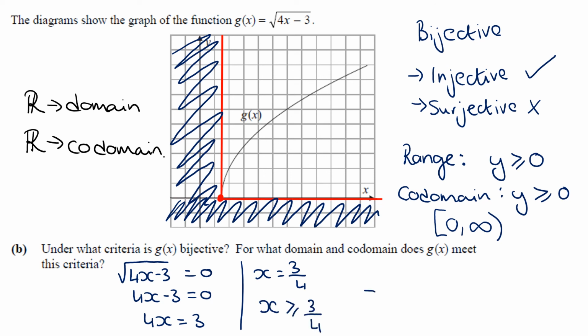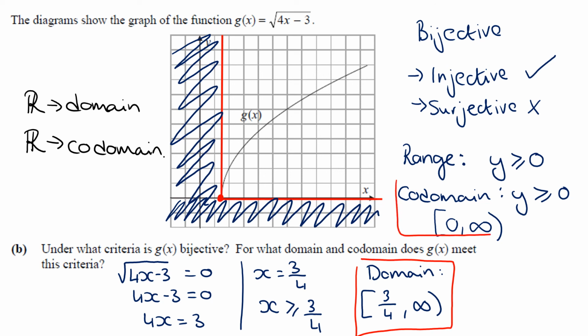And again, we can use our brackets, 3 over 4 to infinity, to do that for the domain. So under what criteria is g of x bijective, i.e. for what domain and codomain does g of x meet this criteria? And that's what we have. There is my domain, there is my codomain. So here are my two answers, domain and my codomain.